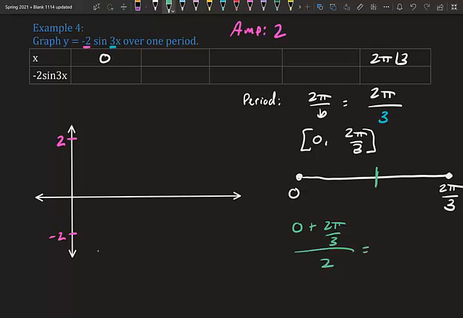So that's 2 pi over 6, which we can simplify to pi over 3. Always simplify. I don't need to tell you that anymore. We can find our first quarter point by doing 0 plus pi over 3 divided by 2, which is pi over 6.